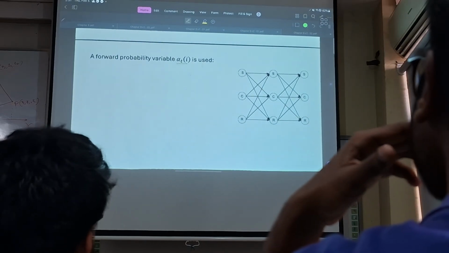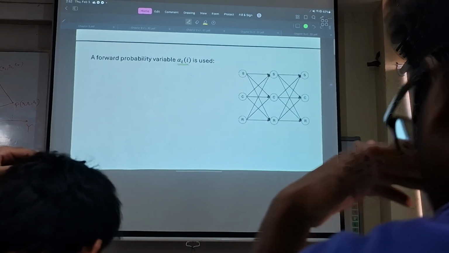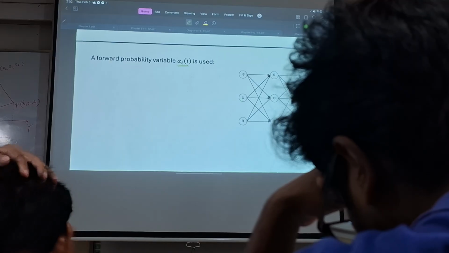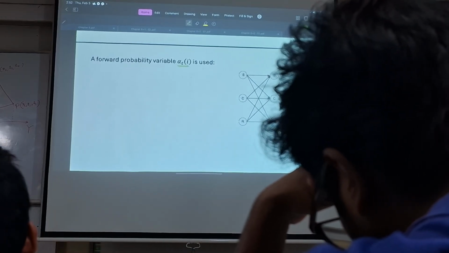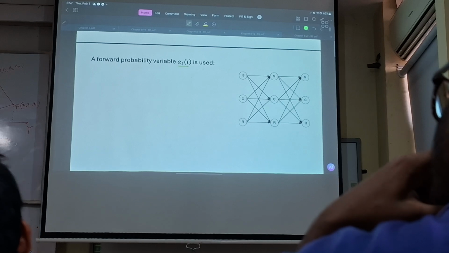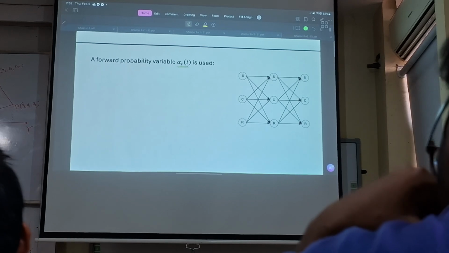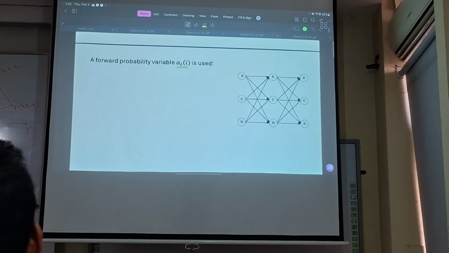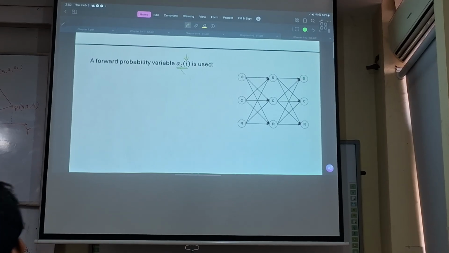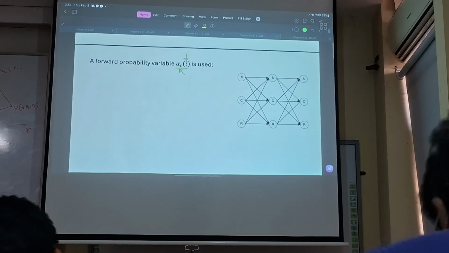What do we mean by this? Alpha T. Definition of alpha T i is actually the probability of all paths that end in a node i in the T step. Right?